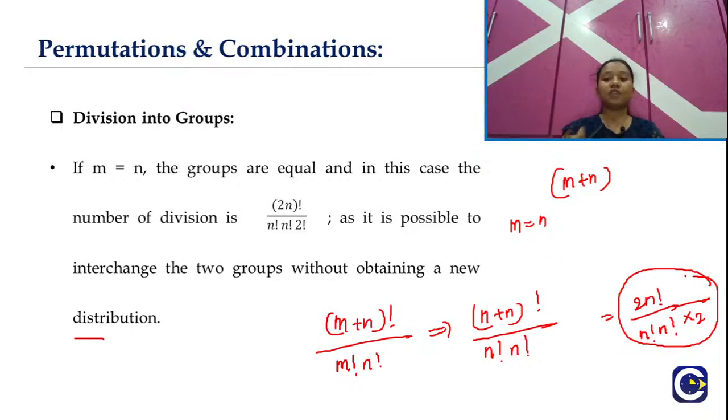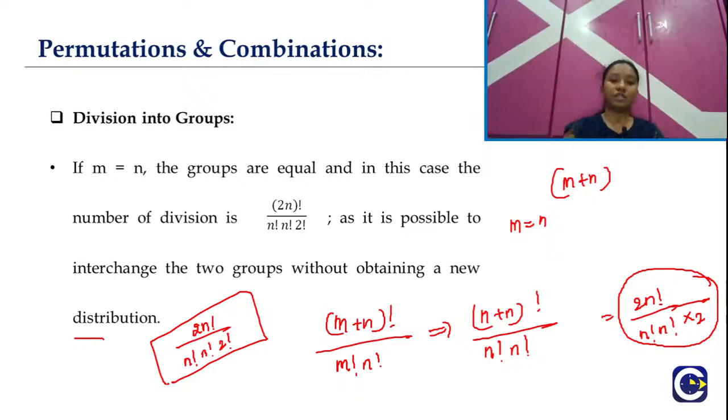If we apply the same formula, we would count one case twice, which must be eliminated. So the number of ways when both groups are equal is given by 2n factorial by n factorial into n factorial into 2 factorial.